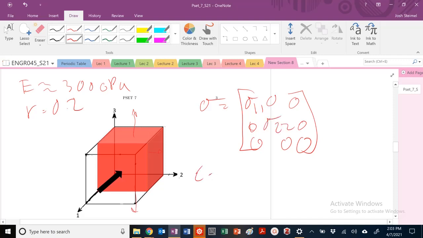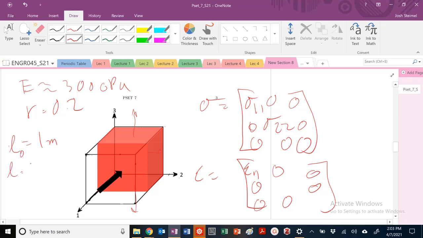And now for my strain tensor, I know that all the off-diagonal components are 0. I need to draw this out. There's a strain in the 1, 1 direction, and specifically, we have a cube, and the initial side length is 1 meter. In this direction, we are changing it from the initial length to a length of 0.99 meters.